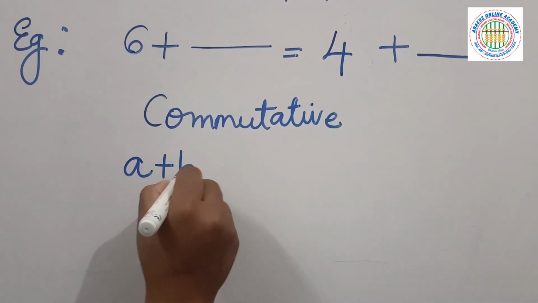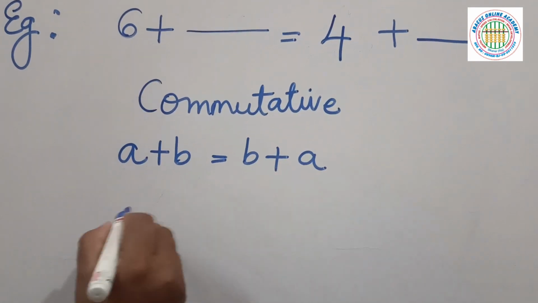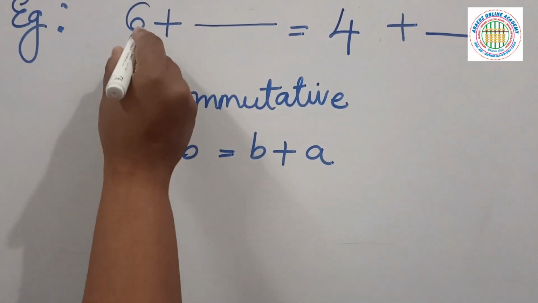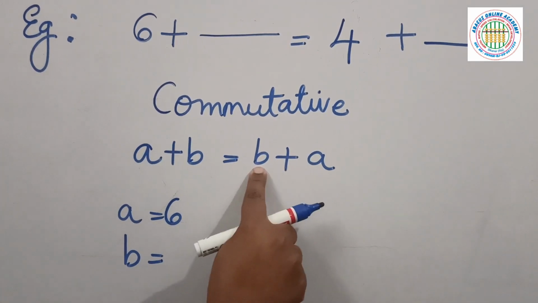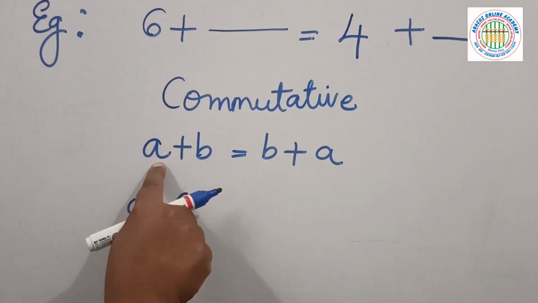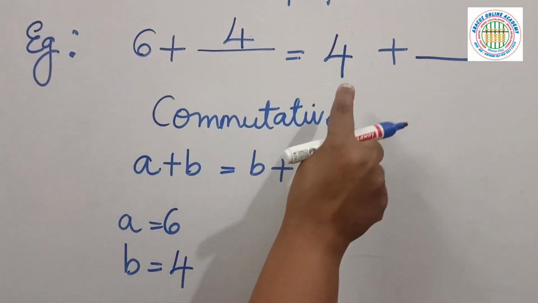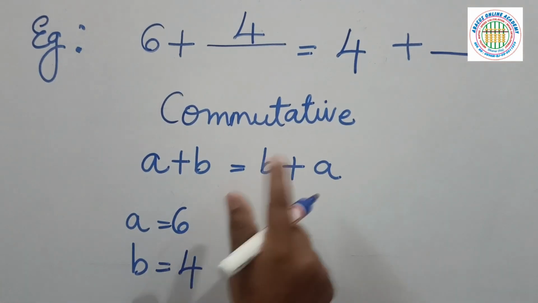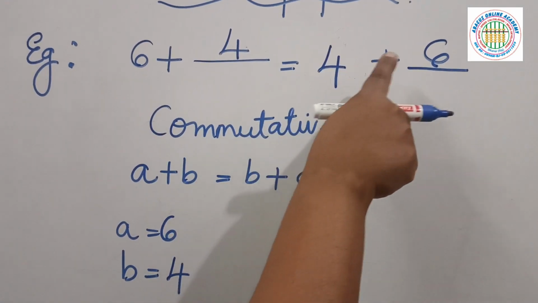A plus B is equal to B plus A. Now A is 6 here and B is in B plus A. So B is 4. Now fill the gap. A plus B, what is B? 4. And here B plus A, what is A? 6. So 6 plus 4 is equal to 4 plus 6.